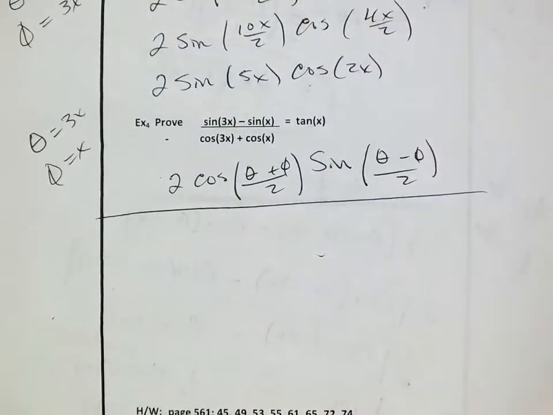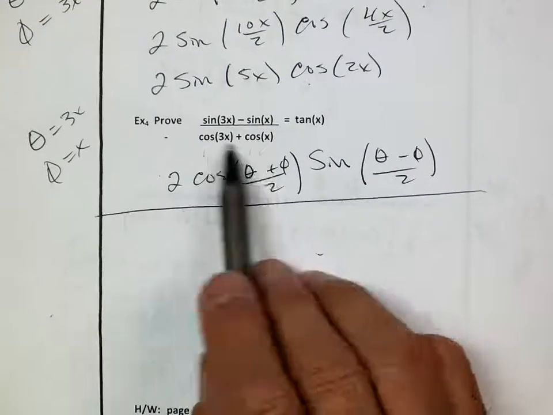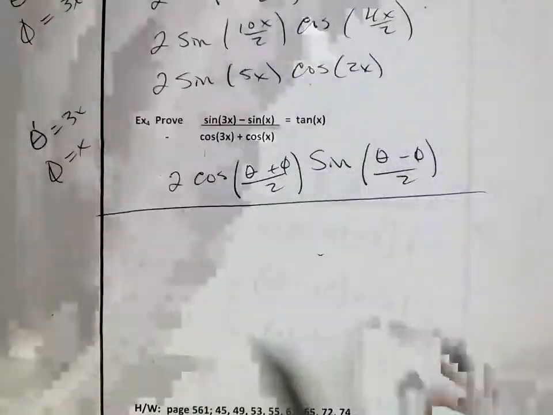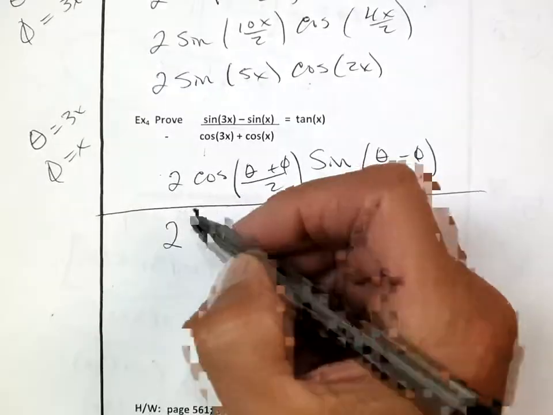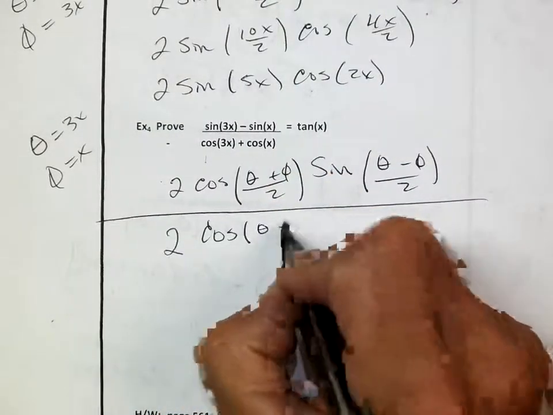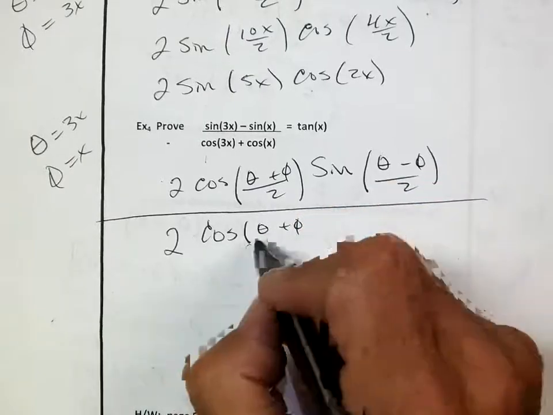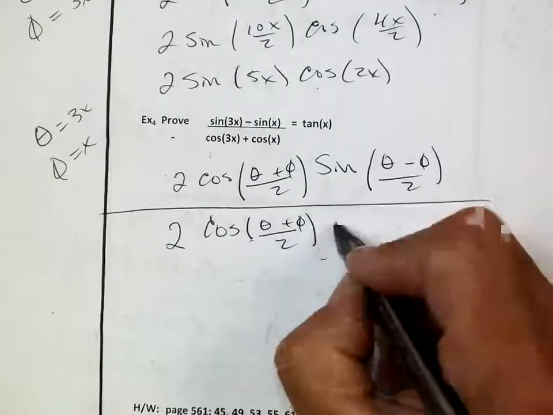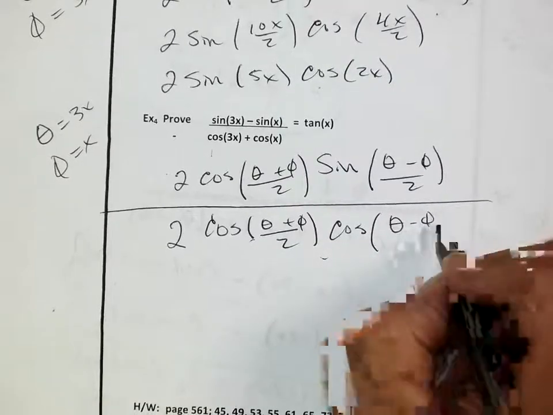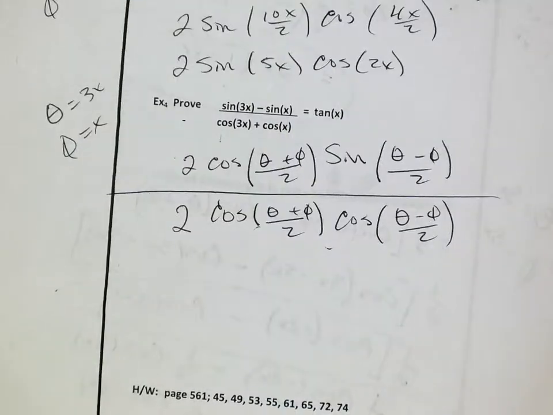And now I'm going to put the second identity on the bottom, the cosine plus cosine: 2 cosine of theta plus phi over 2 times the cosine of theta minus phi over 2. Okay, now, it's a mess, but if I put in my x's, things will start to simplify.